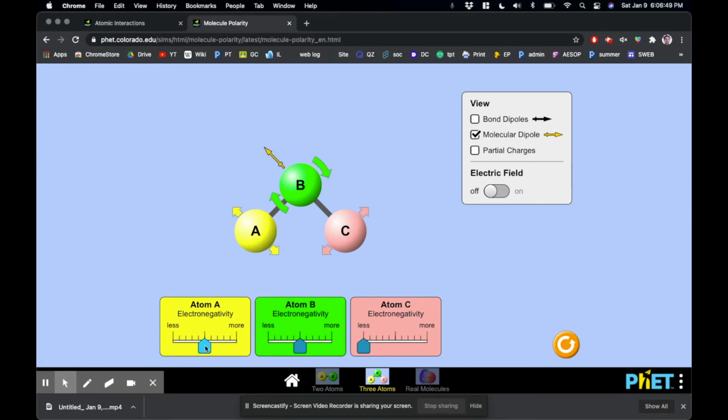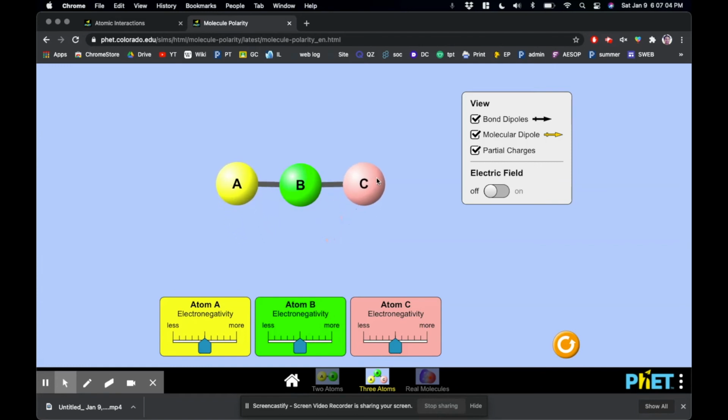Let's start with all of them having the same electronegativity. They're not polar or non-polar. There's no such thing because all of them are the same atom. But what if I make that pole symmetrical, and now I make one of these really, really negative, and I make the other one also really, really negative?